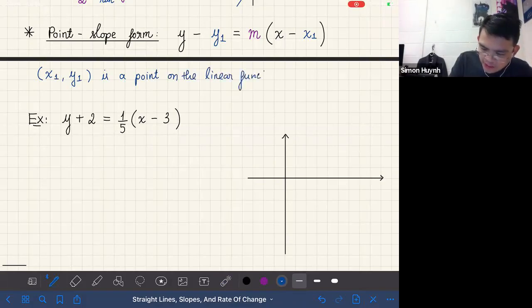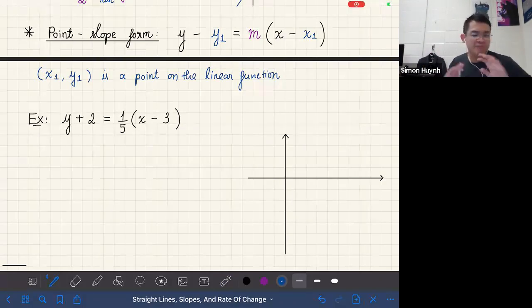So any point. For slope-intercept, we were really specific about what point we are looking at. We're looking at the y-intercept, but for this form, this point can be any point on the function. Anything that satisfies the function will work. So x1, y1 is a point on the function.